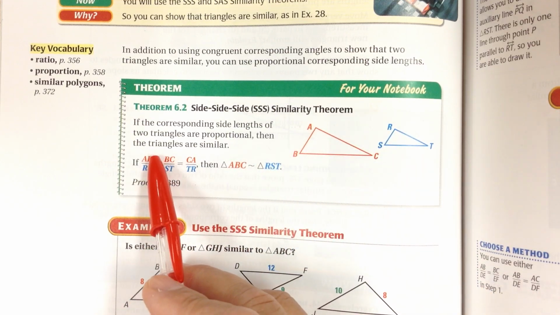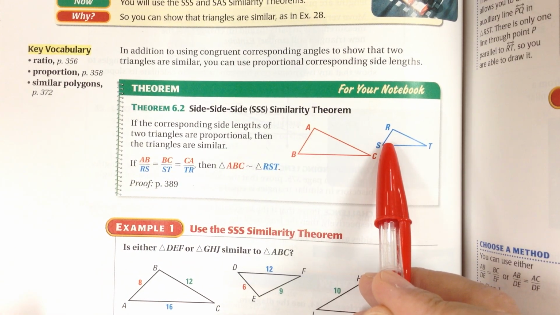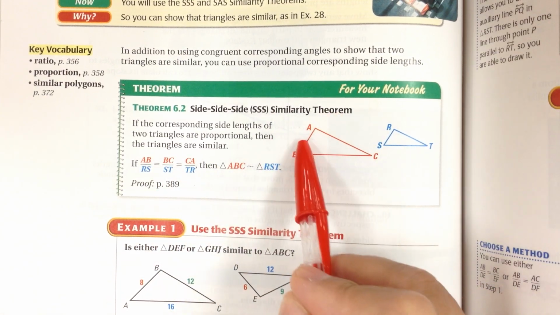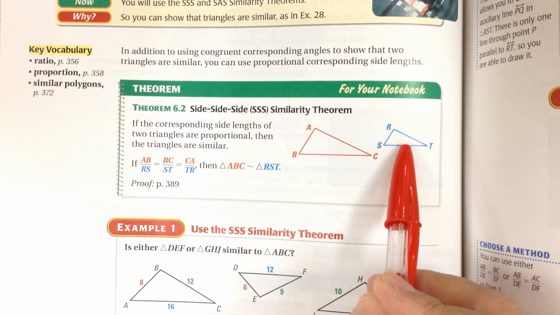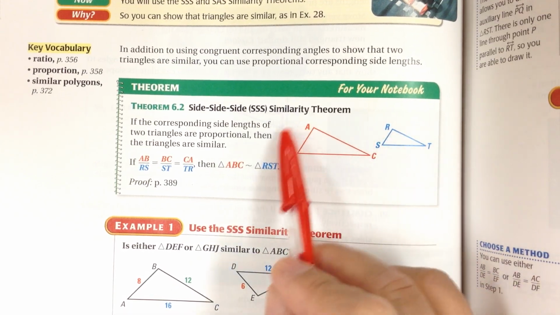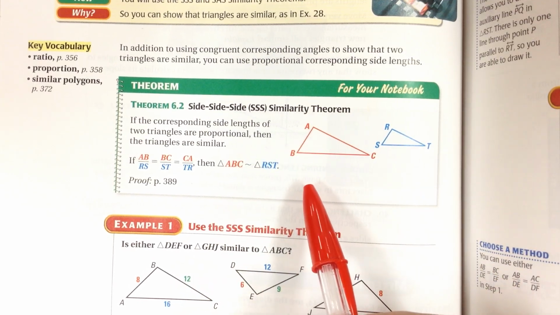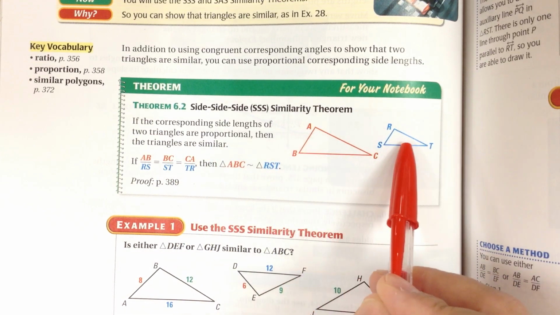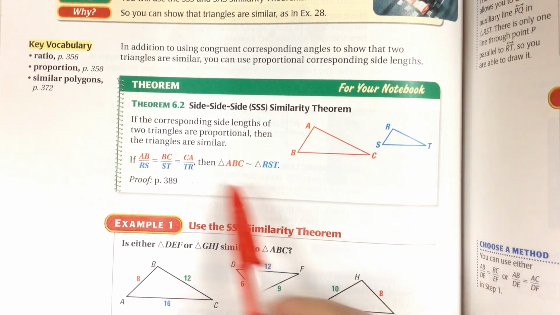Like if AB over RS equals a ratio that is equal to BC over the next side, let's say this is 2 times that, and this is 2 times that, and this is 2 times that. So all of them have the same ratio of 2 to 1, then they are similar. So again, if this over this equals this over this equals this over this, all of them have the same ratio, then they are similar.